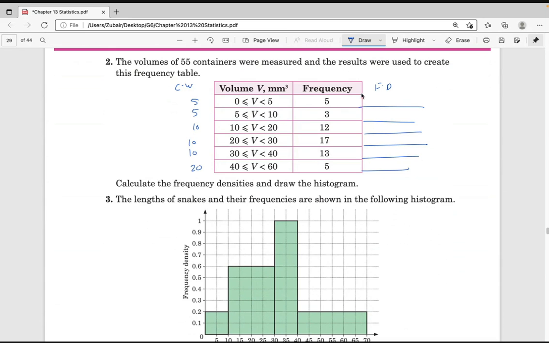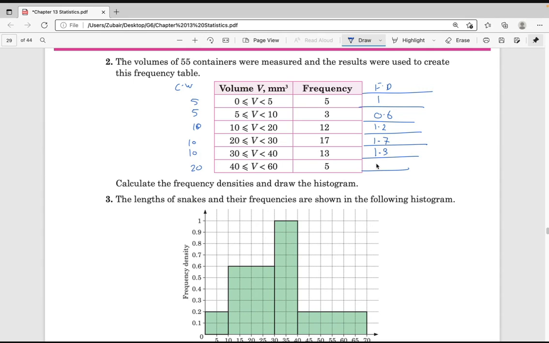First one, 1. Second, 0.6. Third, 1.2. Fourth, 1.7, and 1.3.